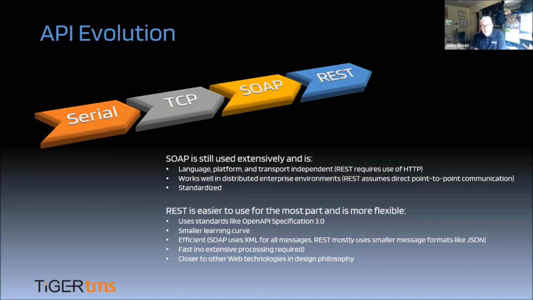SOAP is used largely in enterprises and also across hospitality, but has been slowly replaced by REST APIs because REST APIs are easier to write and use smaller messaging formats than SOAP. But those are the two key API types if you ever come across them.